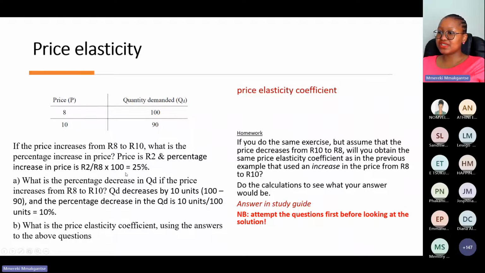You have a percentage change in price, and then you have a percentage change in quantity demanded. Remember, elasticity we calculate by the percentage change in quantity demanded over the percentage change in price. Quantity demanded, price, QP, QP.